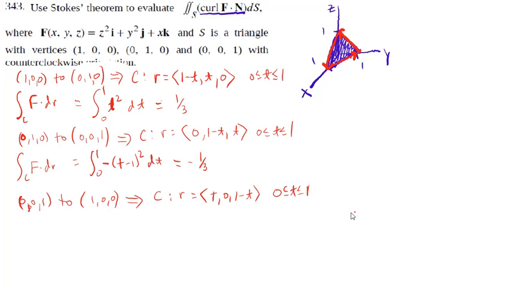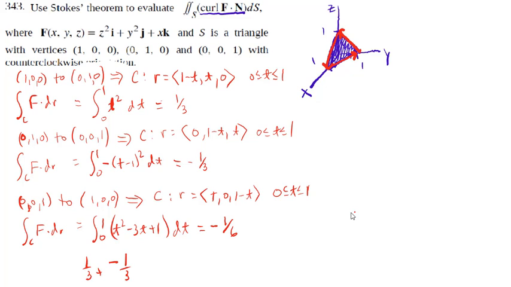And so this integral, the F dot dr would be t squared minus 3t plus 1. We integrate that with respect to t, and we get negative 1/6. So if we add these up, 1/3, negative 1/3, and negative 1/6, we get negative 1/6. Same thing we got when we did it from the definition.